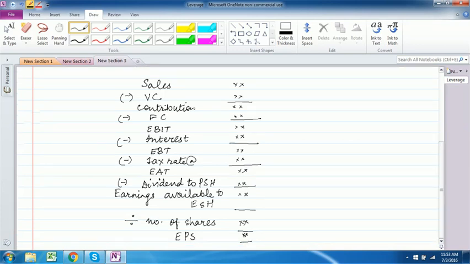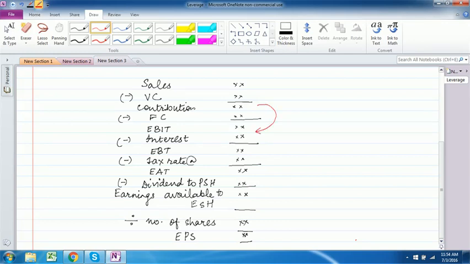Now, how can you remember the various formulas of operating leverage, financial leverage, and combined leverage? Look, the arrows on the right hand side will point downwards and the arrows on the left hand side will point upwards. So first thing you have here is contribution and second is EBIT.